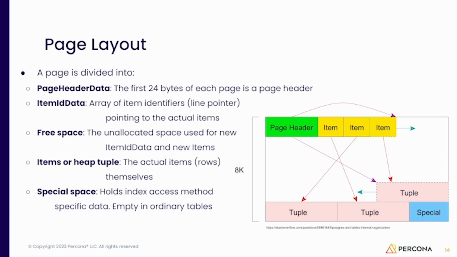There are different, not types, but levels of vacuum that you can run. The default one will clean up here, but will not reorganize the table. The table size stays the same, but now we have space inside of the pages, and every time that we insert something, this space can be reused.